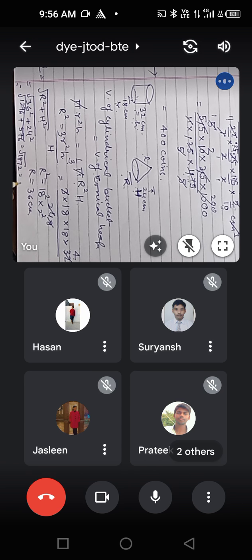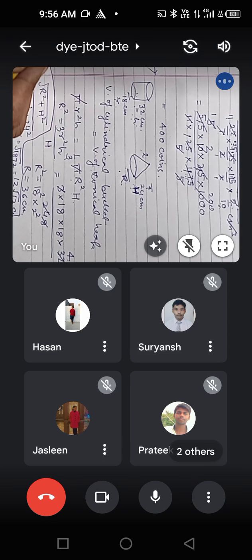You solve this, you will get 12 root 13 centimeter. So this is the slant height and this is the radius.